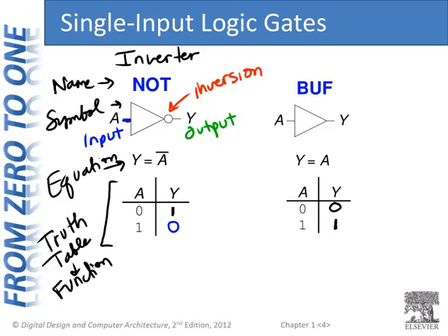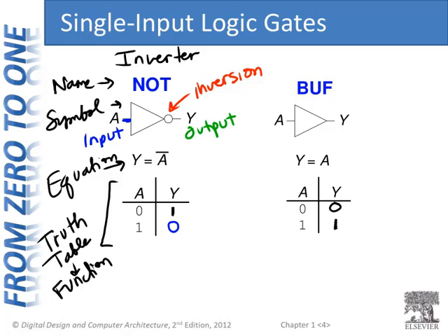If you think of repeaters on power lines, they take a not great input signal and boost it up so it's a better output signal. But at this higher level of abstraction, what we need to think about is Y equals A for a buffer. If the input is 0, output is 0. If input is 1, output is 1. So those are our two single input logic gates.